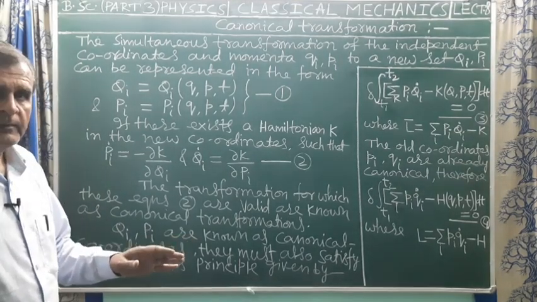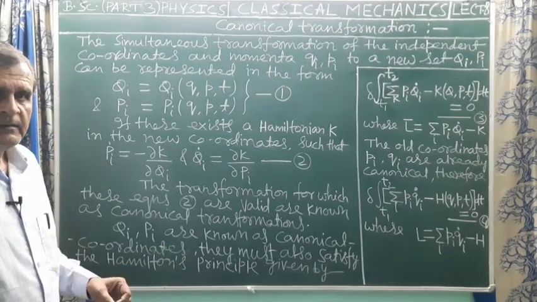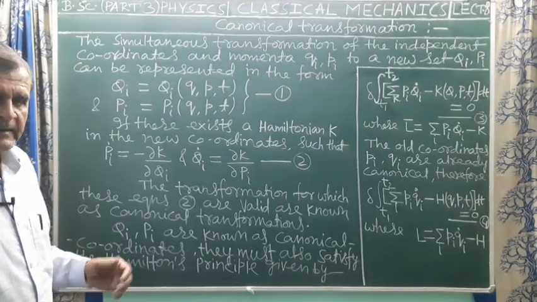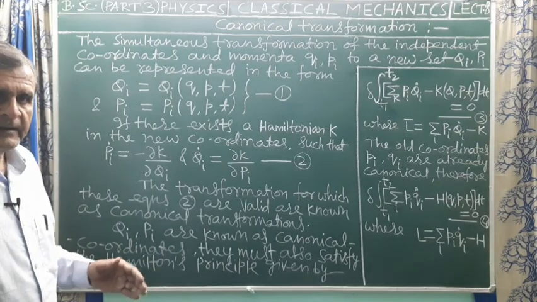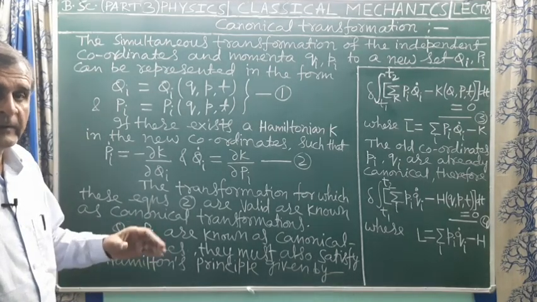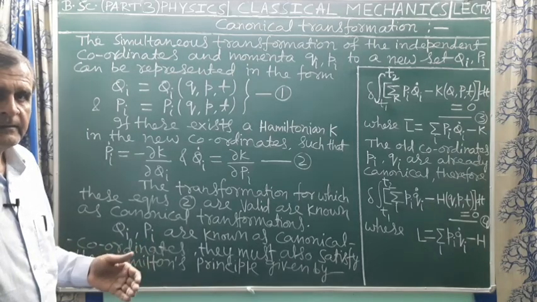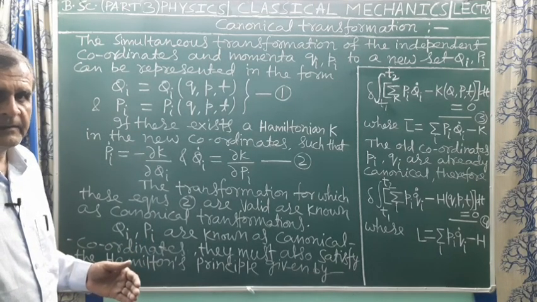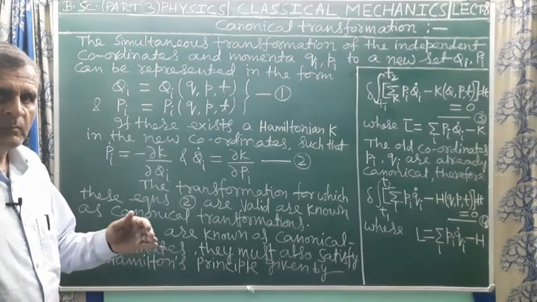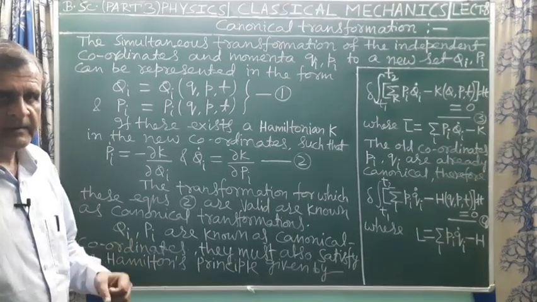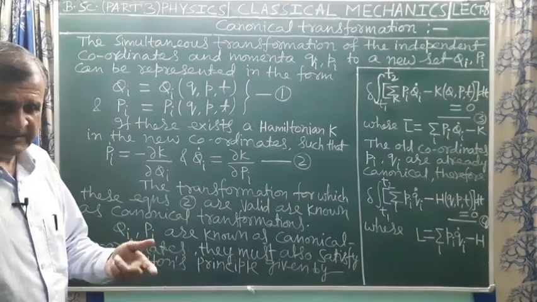Two variables, small qi, that is position coordinate, and small pi, that is momentum coordinate, are in the old coordinate system, while capital Qi and capital Pi are the position and momentum coordinates in the new coordinate system, and one coordinate is time t.